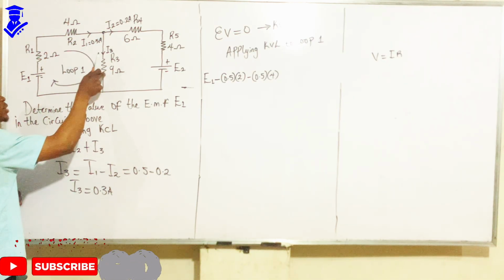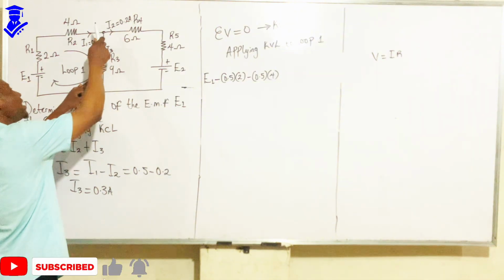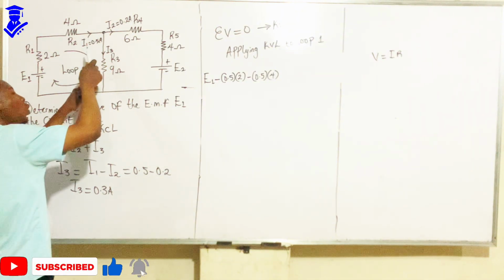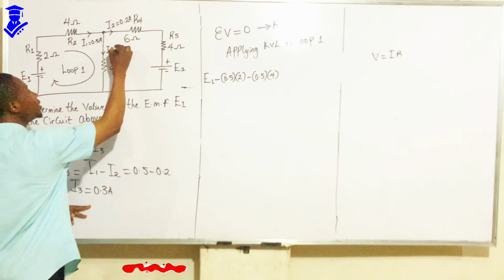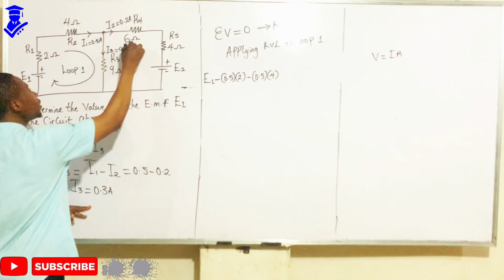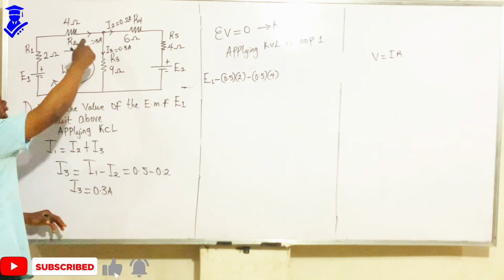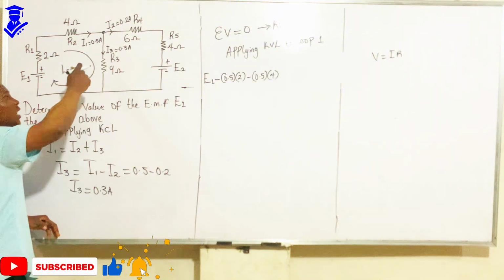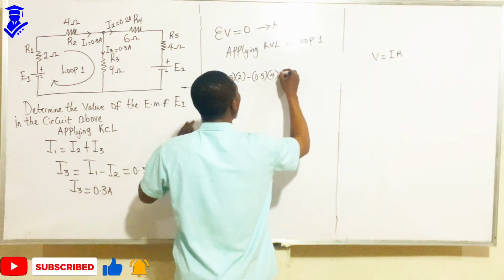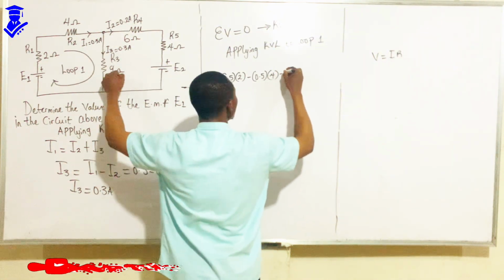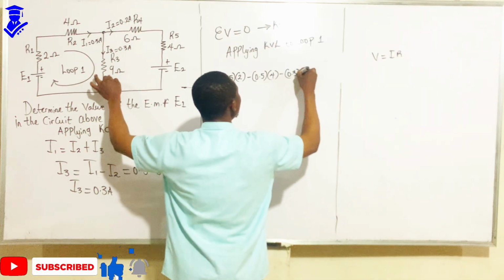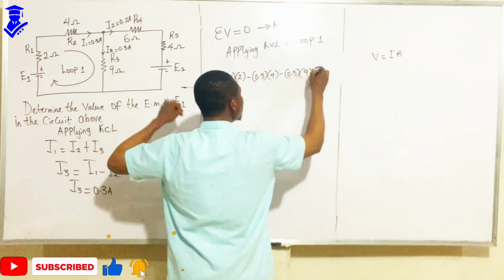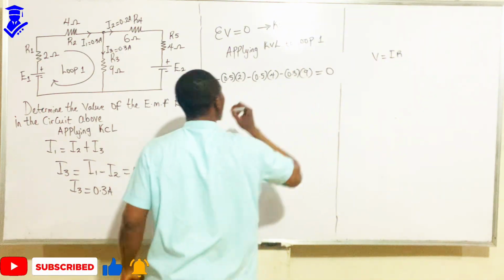The current flowing through this resistor is 0.3 ampere, which is I3. There will also be a voltage drop here, so it's negative: minus the current times the resistance, 0.3 times 9 ohms, equal to 0.